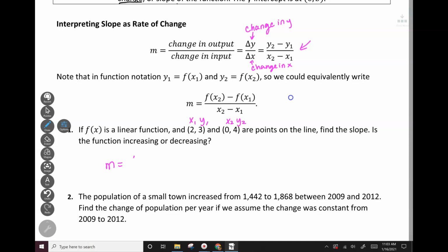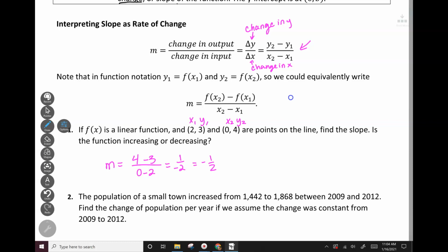So I will do just plugging this in to y2 minus y1 over x2 minus x1. I've got 4 minus 3 over 0 minus 2. So that's 1 over negative 2, which is the same thing as negative 1/2. You don't really want to leave that negative in the denominator. You can just bring it in front of the fraction or to the numerator.